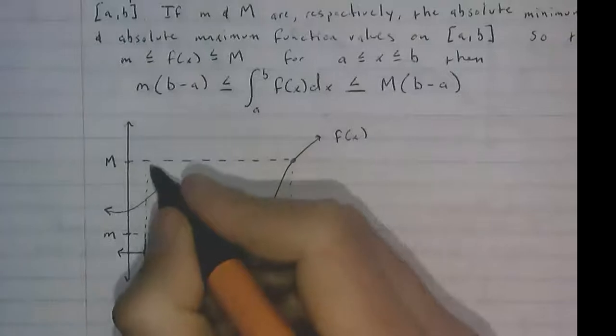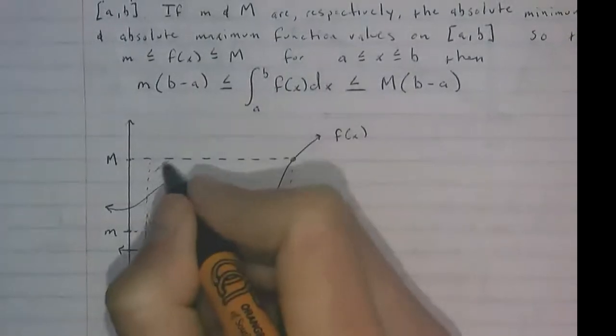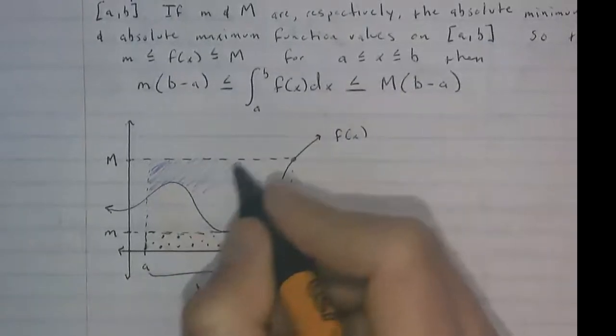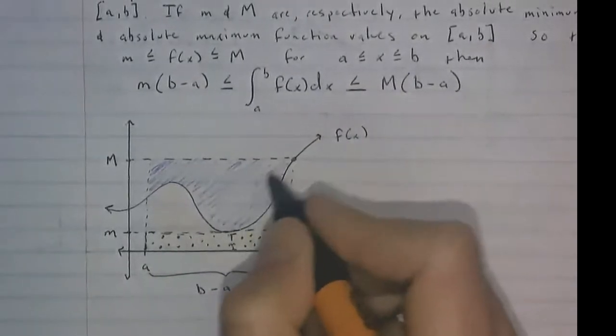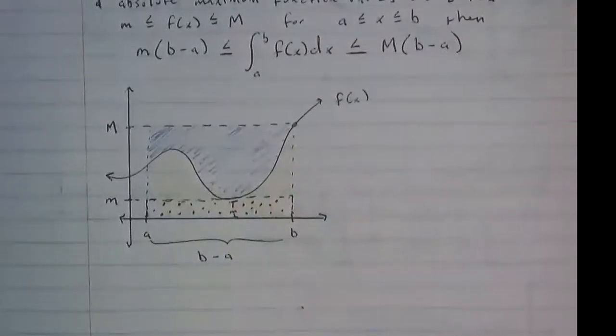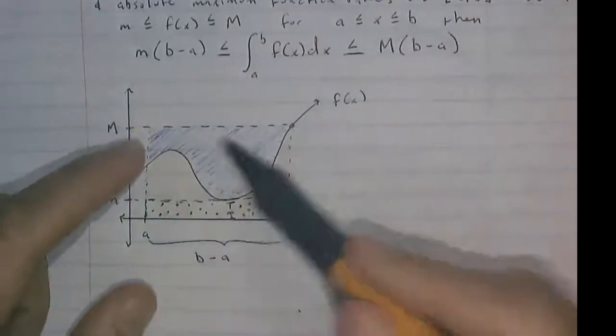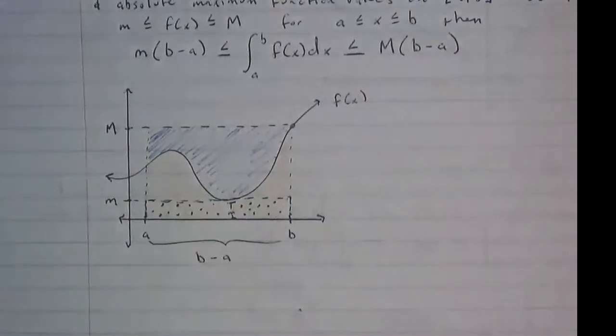It should be clear that the area in that rectangle is bigger than the actual integral. So the big box is bigger than the stuff under the curve. The little box is smaller than the stuff under the curve.